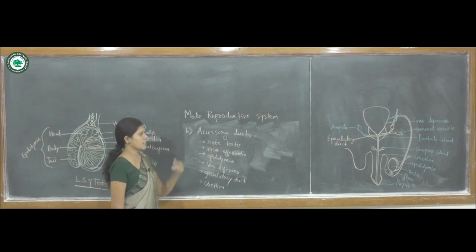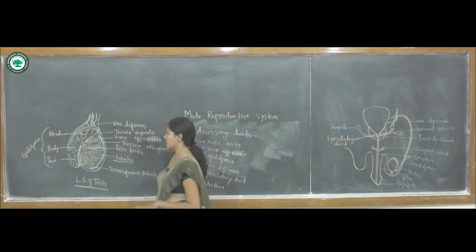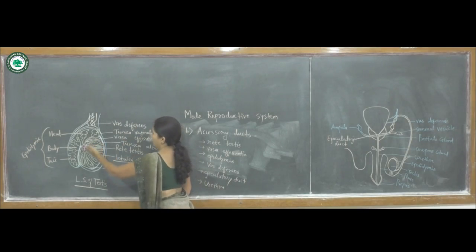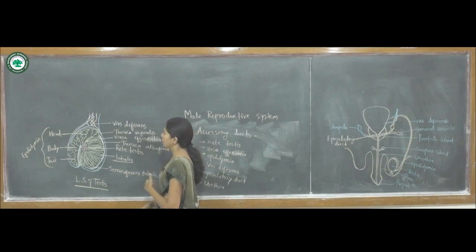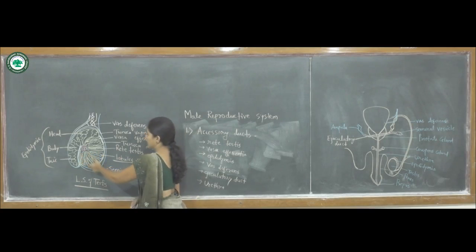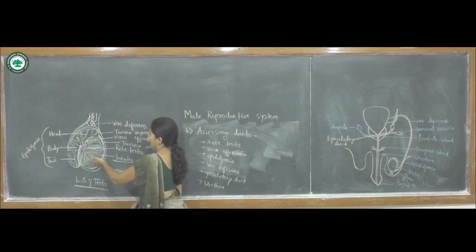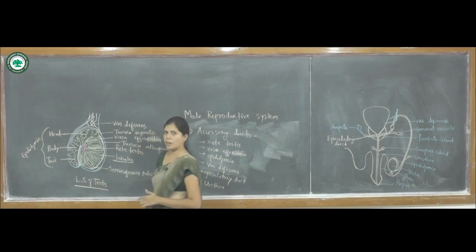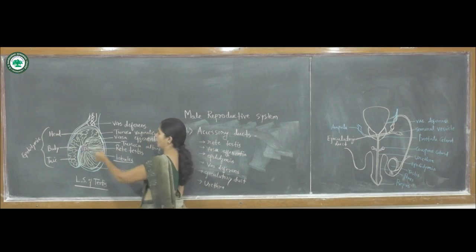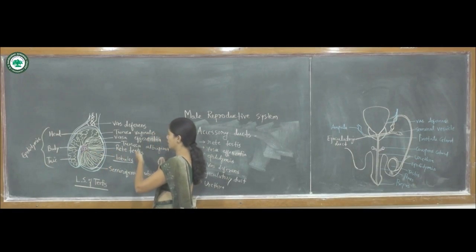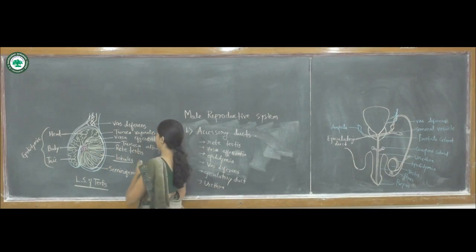Now, what is the rete testis? Rete testis is a network formed in the testis, derived from the lobules, and these lobules are interconnected in a network-like projection, that is known as the rete testis.